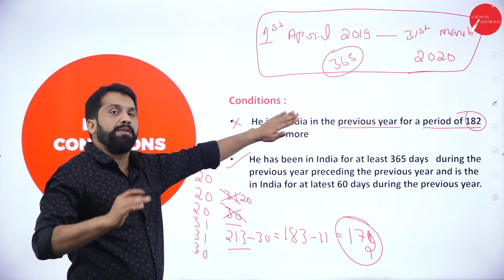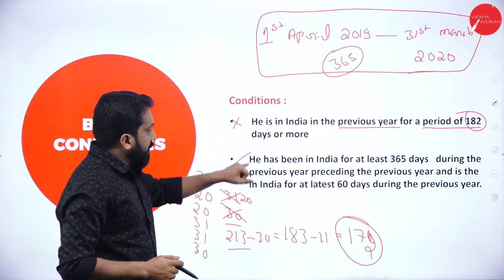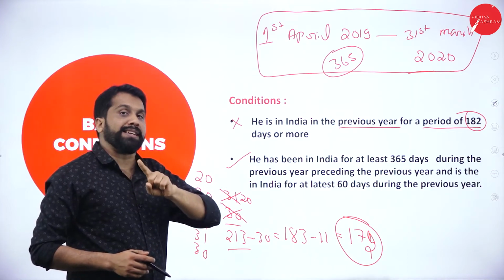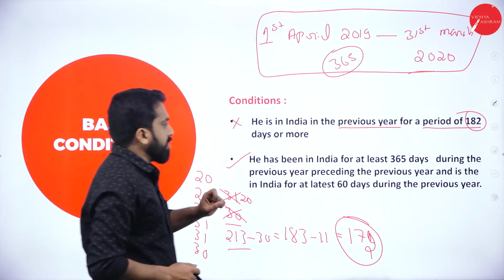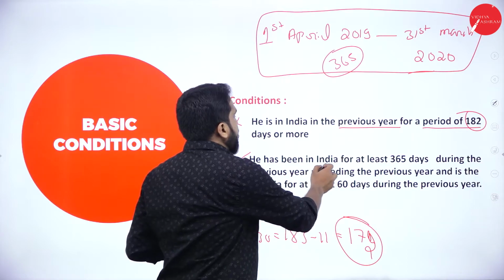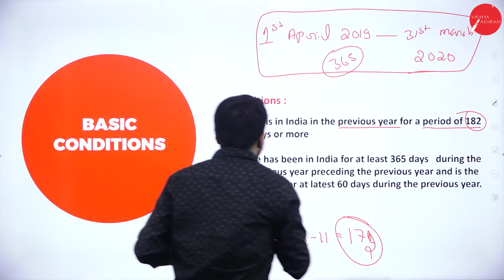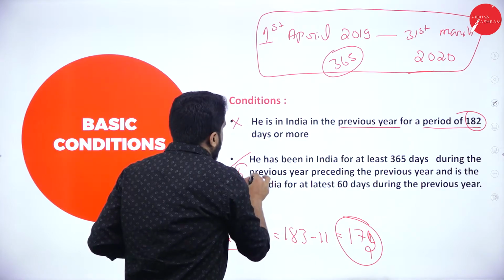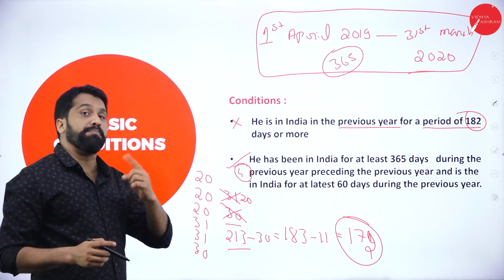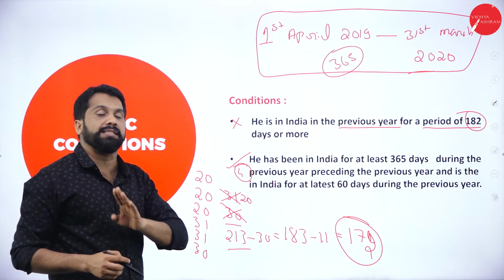So we'll give him one more chance. Now, whether he will fulfill the second condition, we'll check. He must have been in India for at least 365 days during, so you have to mention here, during 4 years preceding the previous year. The previous year we will not consider.